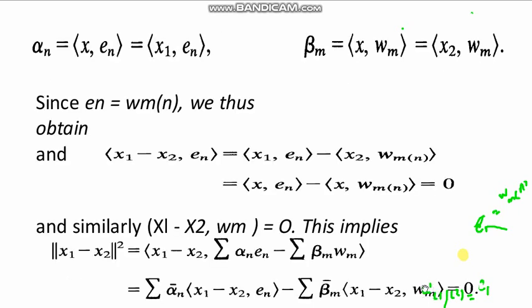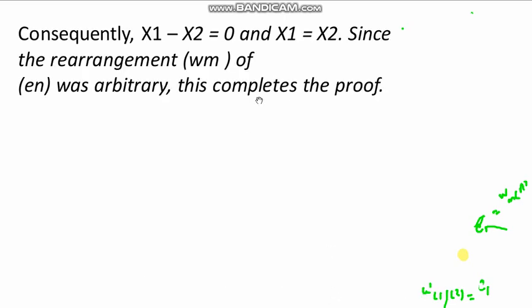So it means that the norm of x1 minus x2 is equal to 0, and consequently x1 is equal to x2.